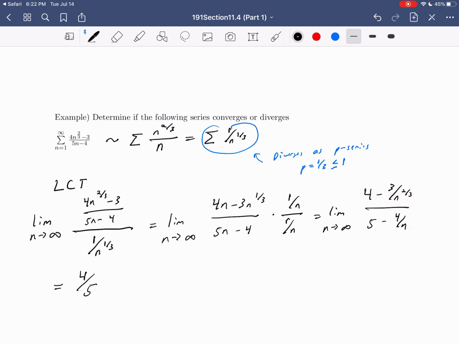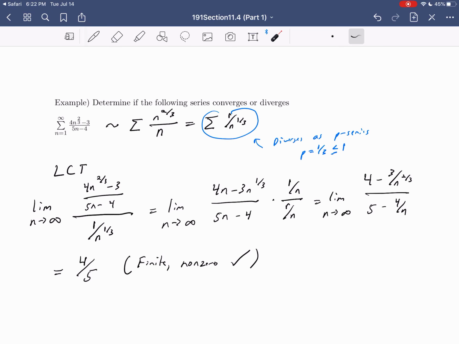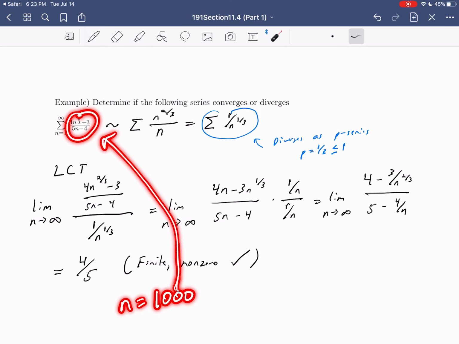What do we care about with this number here? Well, we want this to be finite and non-zero, which it absolutely is. What we're basically saying is that in the long run, these numbers are about 4/5 times these numbers in the long run. If you want, on your own, try plugging in n equals 1,000 here and n equals 1,000 here.